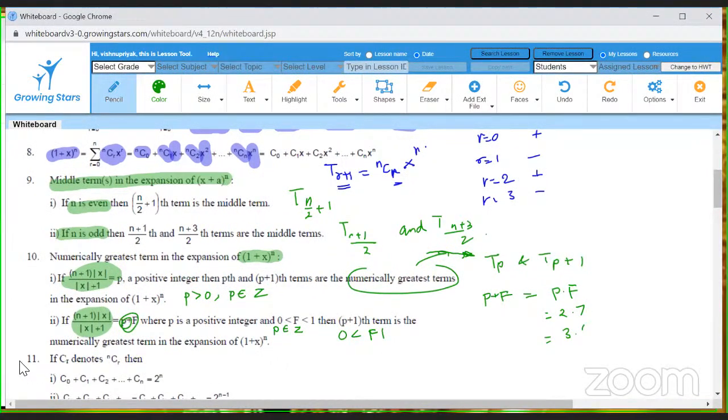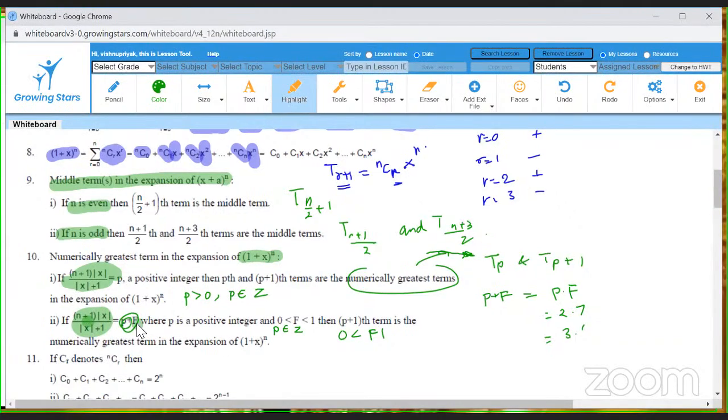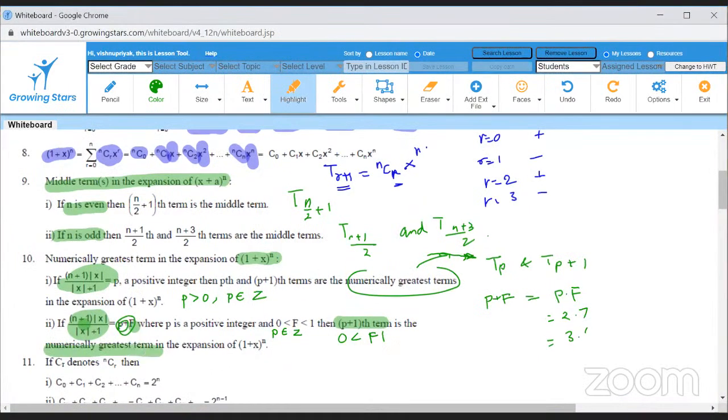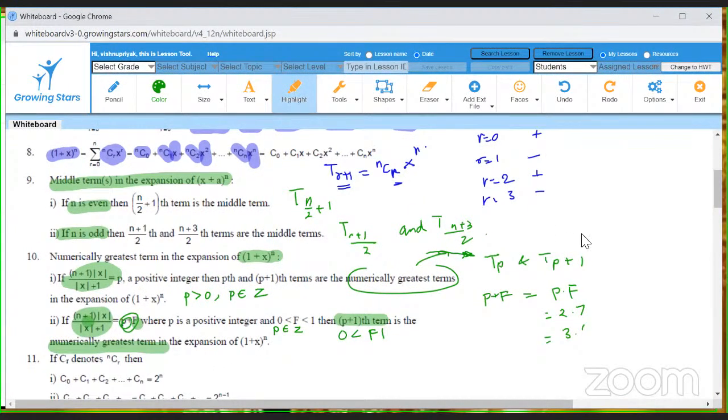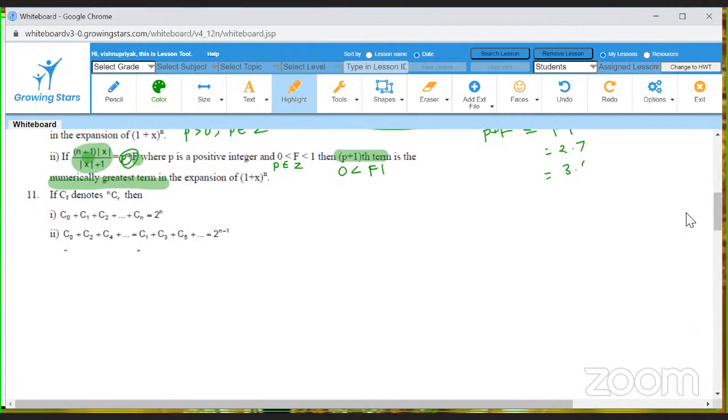Then the (P+1)th term alone will be the numerically greatest. So how to find the middle term and how to find the numerically greatest term, you must learn.